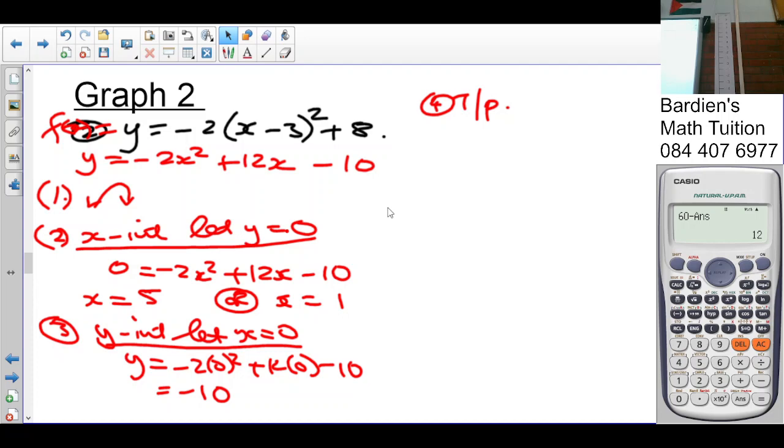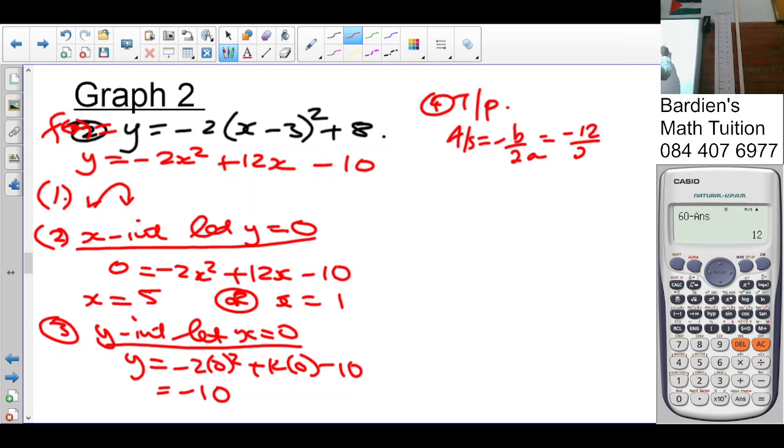Turning point consists of an axis of symmetry, which is minus b over 2a, which is negative 12 over 2 times negative 2, which will be 3.